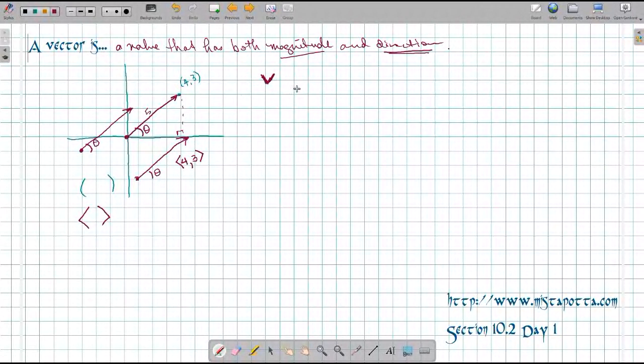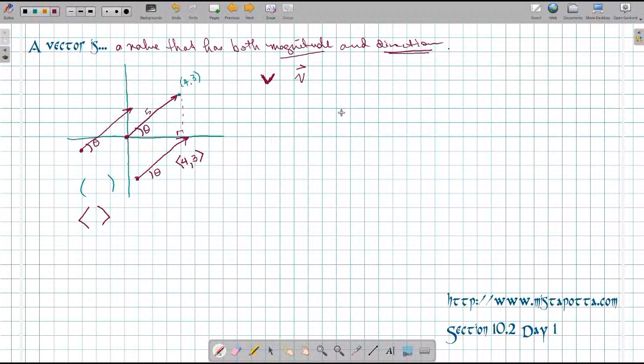So what mathematicians do when they're just writing these out is they'll write the letter V with an arrow above it, so that we can see that we're talking about not just a regular scalar quantity, a quantity that only has magnitude, but a vector quantity that has direction.